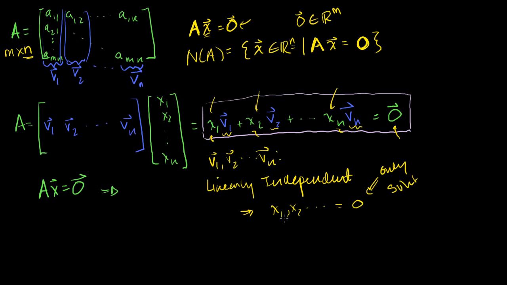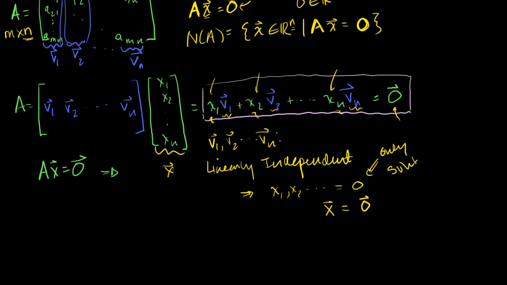Now, if all of these coefficients are 0, what does that mean? That means that our vector x is the 0 vector, and only the 0 vector. That's the only solution. So we have something interesting here.